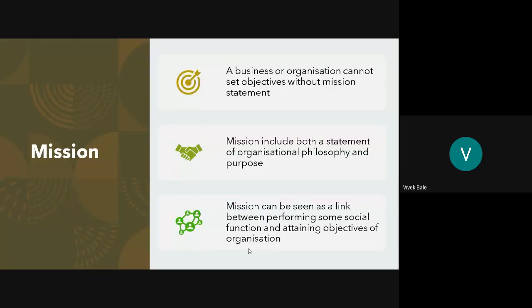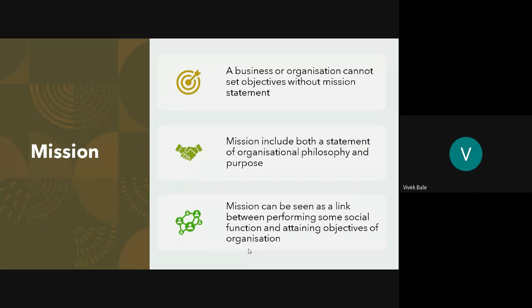It is the link between performing some of the social functions and attaining the objectives of the organization. Suppose you want to shoot at the forehead of a particular target. In that case, what is your mission? Mission is to shoot at the forehead, in between the two eyebrows of the target.